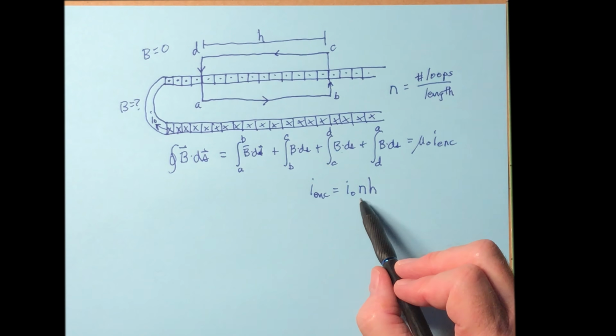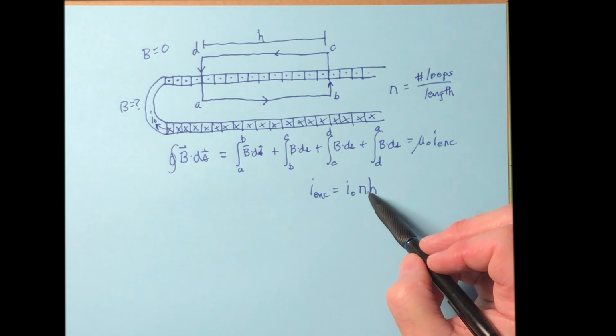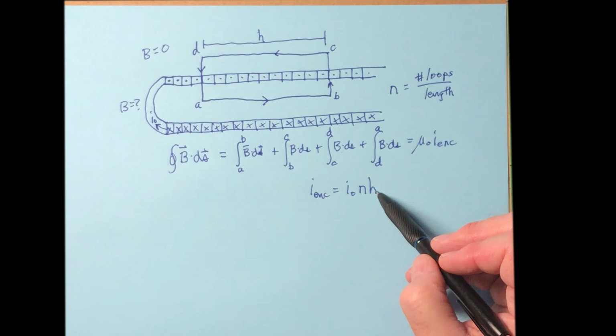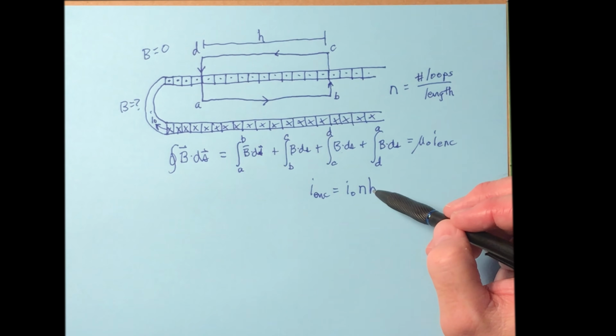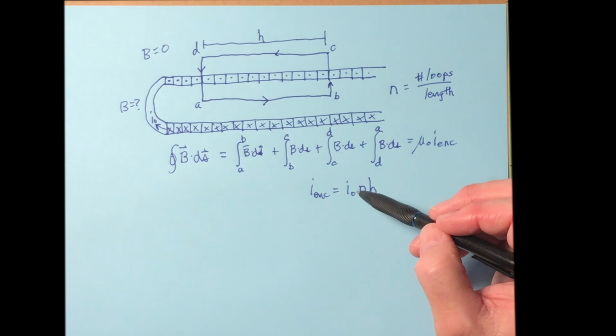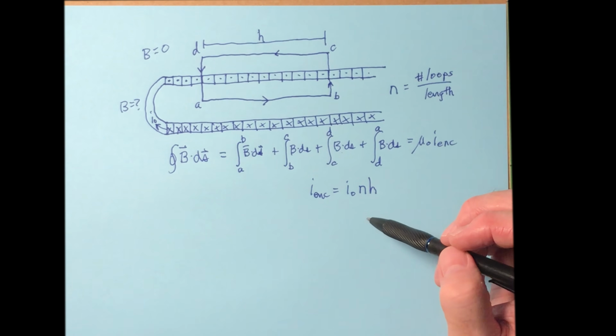So it's I naught multiplied by the number of loops that we've got enclosed. Well, how many is that? Well, you take n, the number of loops per length, and multiply it by the length, which is H. So this n times H is actually the number of loops that are enclosed. So the number of loops that are enclosed multiplied by the current, that's the total current that's enclosed then.